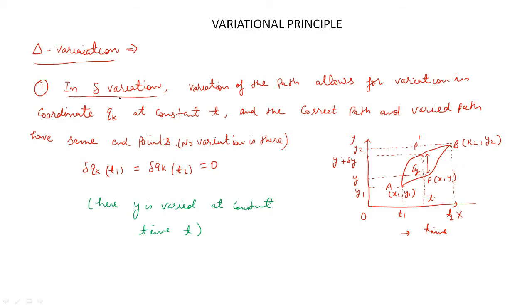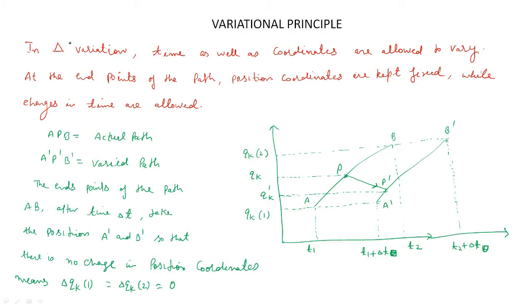The other type of variation is also called the delta variation. In this variation, the time as well as the coordinates are allowed to vary, and at the endpoints the position coordinates are kept fixed or constant. They are not going to change at the endpoints.